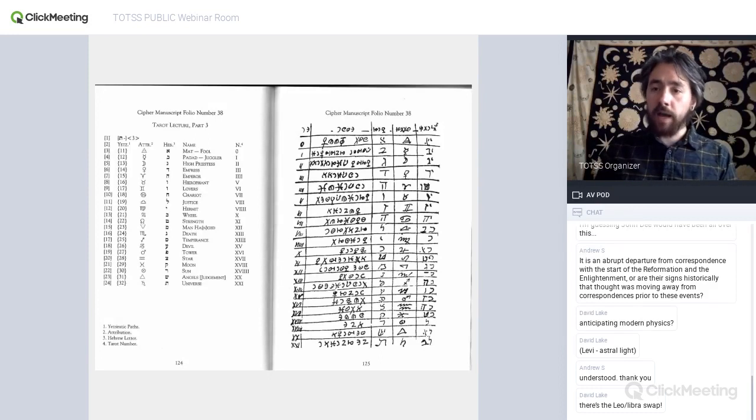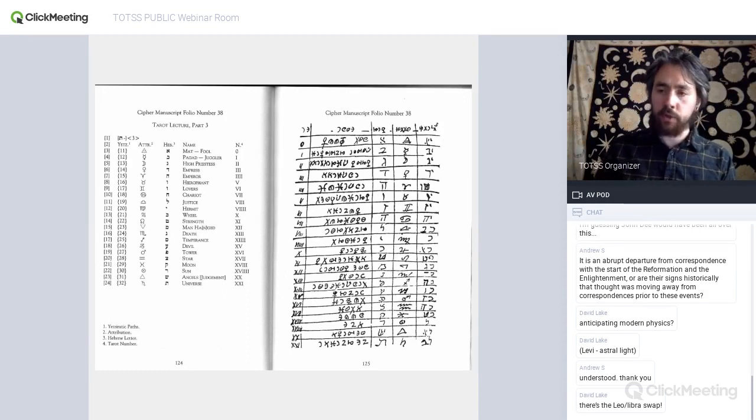We also see a lot of hierarchies and names, a lot of these in Hebrew, taken from the Solomonic or spirit and conjuring traditions, and attributed to the planets and zodiac signs and elements. So we see lots of hierarchies, both of angels and of demonic spirits.